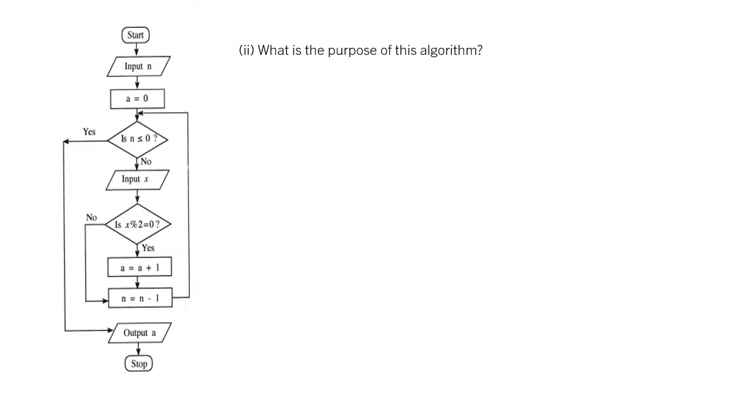So when you go to the next question, what is the purpose of this algorithm? The purpose of this algorithm is to find the even number. That's what we see, the series of numbers, and we find only the even numbers. Count the number of even numbers of the predefined number of inputs. That's it.